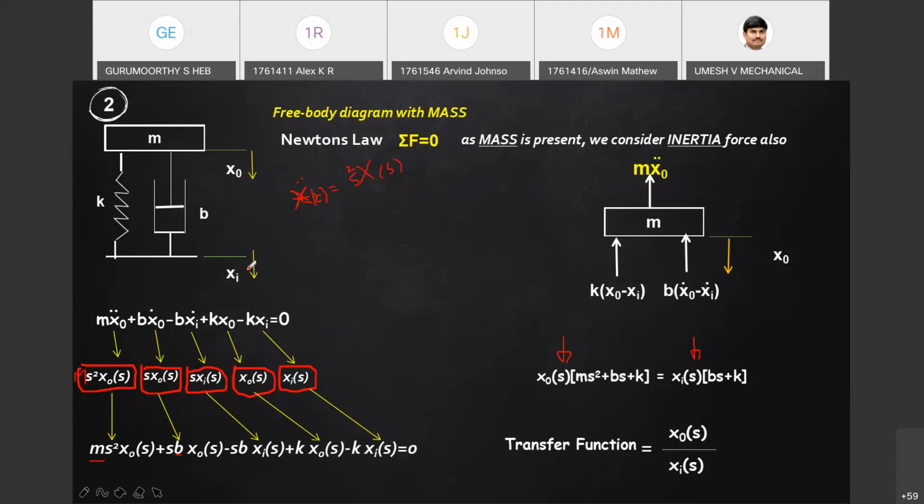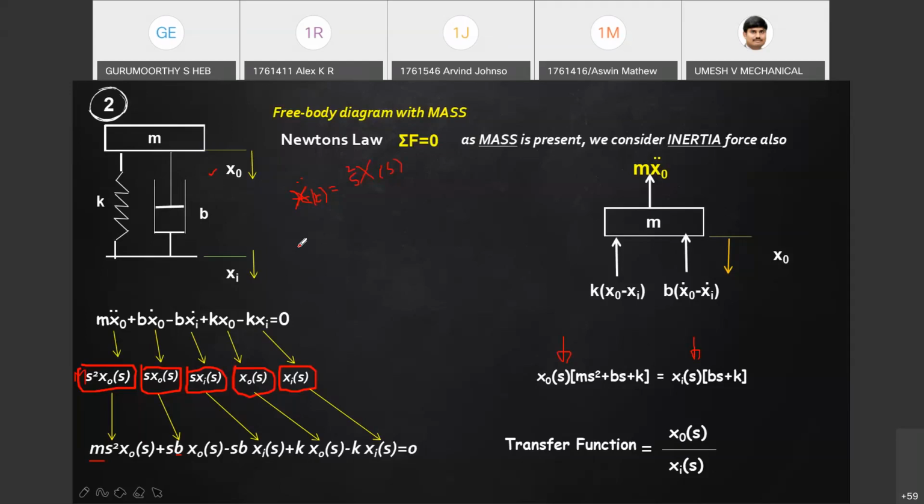Okay, a note for the exam. Consider x i as the function which is input, and x naught as output. If it is not given, normally it will be clarified in the question, obtain so and so.